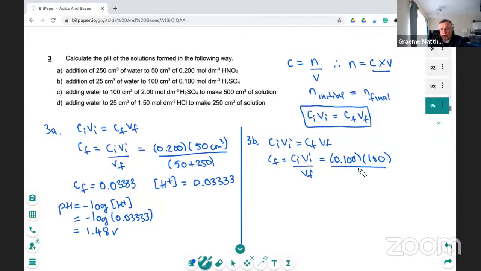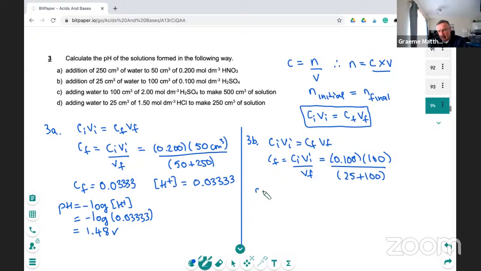Because the volumes cancel out, I don't need to convert to decimeters cubed. It's just a ratio. But again, it's going to be 25 and 100, so it's going to be 125 on the bottom. The volumes are obviously additive.